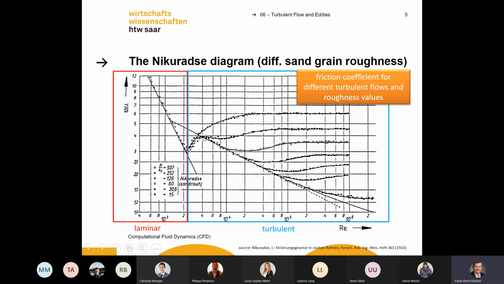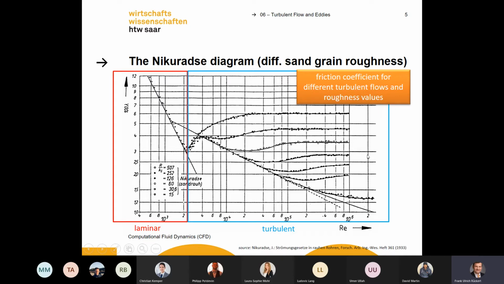It rises, and it depends really much on the roughness of the walls. If you have laminar flow, the flow does not depend really much on the roughness of the walls. But if you have turbulent flow, roughness is getting more and more important.